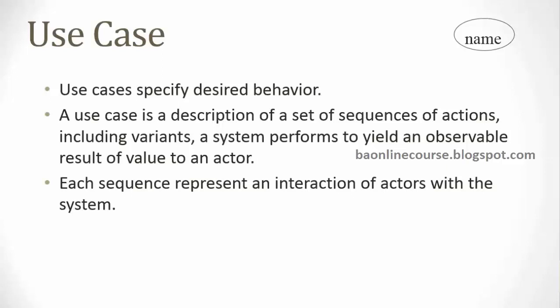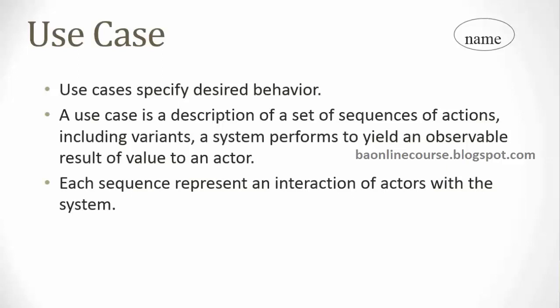If I read a use case, it should give me the complete details about what the funds transfer is going to do, right? It should not be that half of it is covered here and the other half is in another use case. The second guideline is to make sure that you don't combine unrelated features into a single use case.